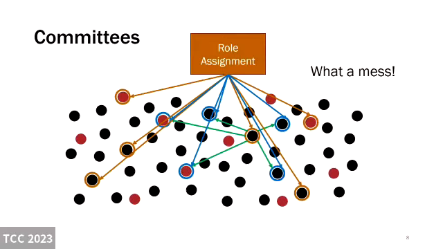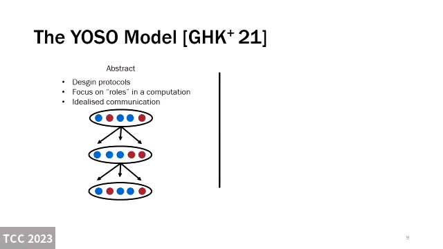So the way we tackle this in the literature, in the paper that introduced the YOSO model, they structured the approach to designing these protocols so we avoid this problem of having to deal with the role assignment and everything else simultaneously. So what we do is divide our world into two parts. The first part will be something I'll be referring to as the abstract world.